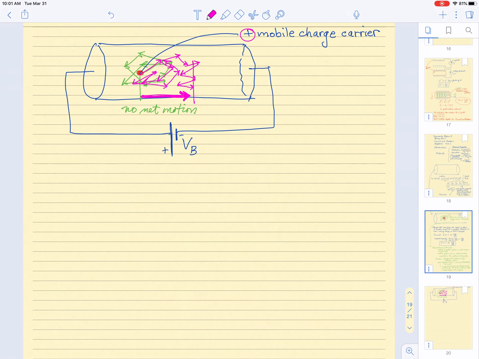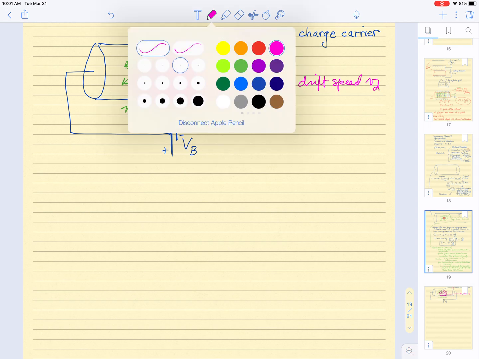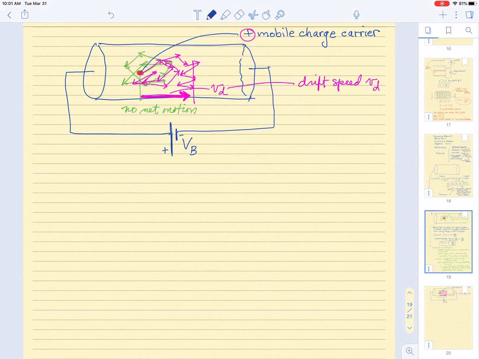And again, if it's going to move from here to here in a given time, then it has a speed, and we're going to call that the drift speed, V subscript D. Now, what is noticed is that we have two speeds here.